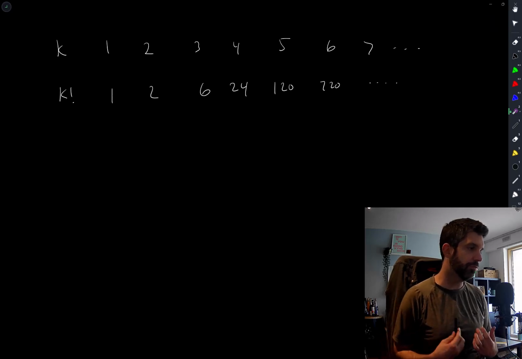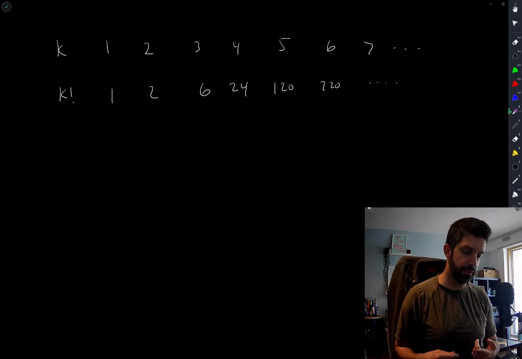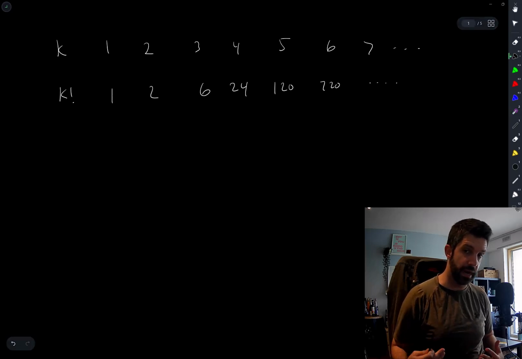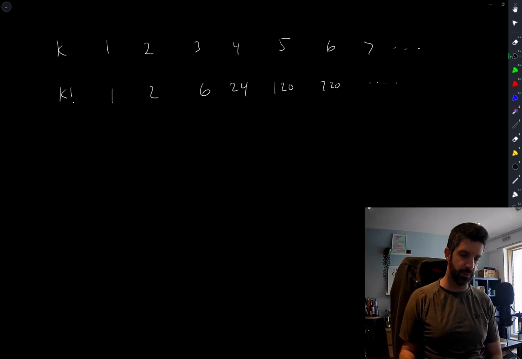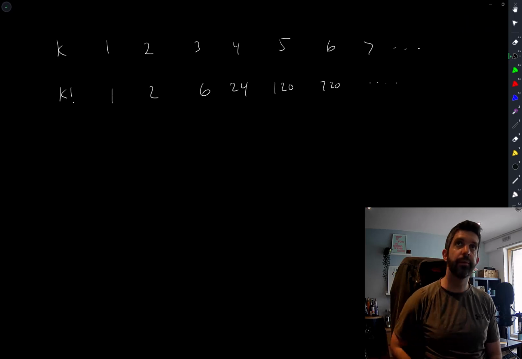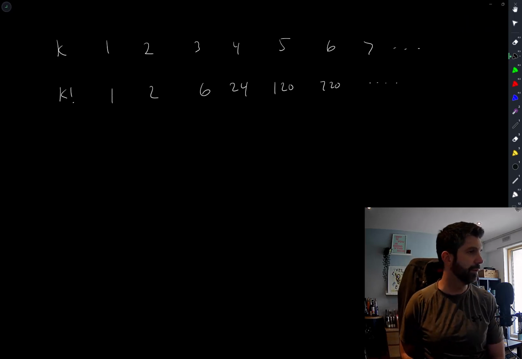New factors of 5 get added more slowly than new factors of 2, so I really only care about the factors of 5. Okay, so in order for there to be 99 factors of 5, let me think, what do I want to count here exactly?